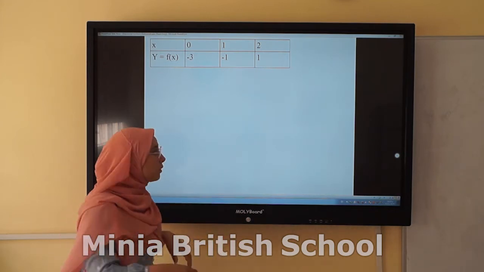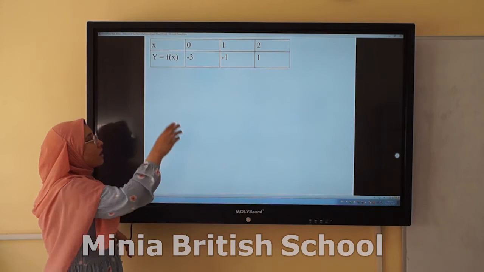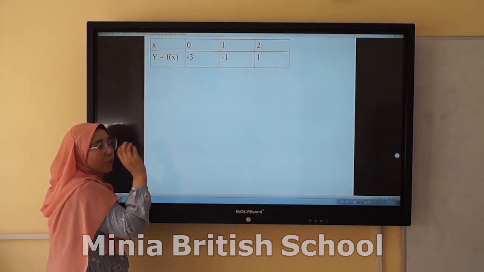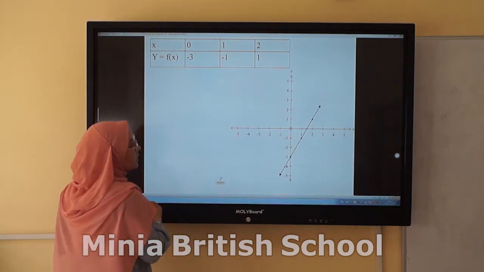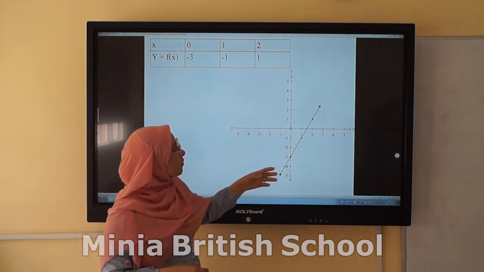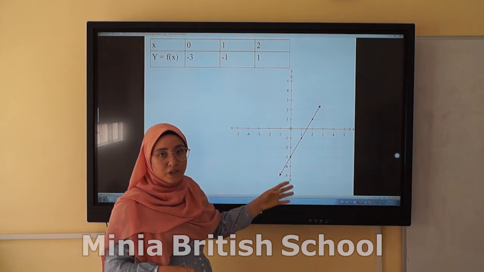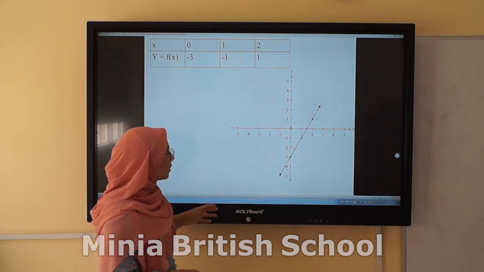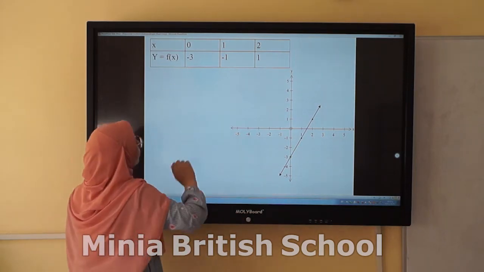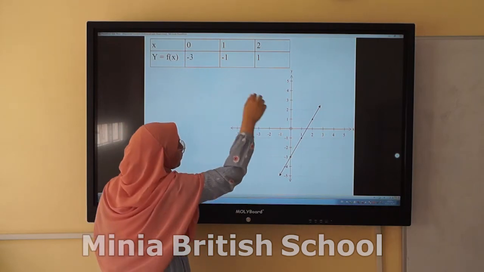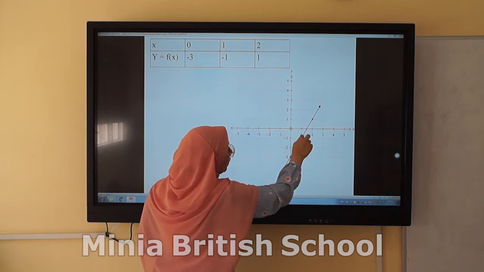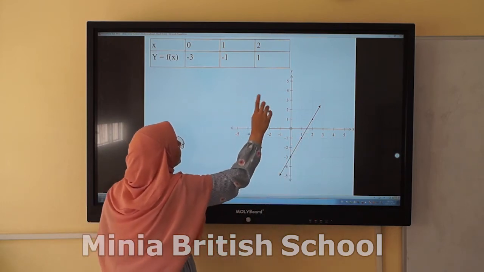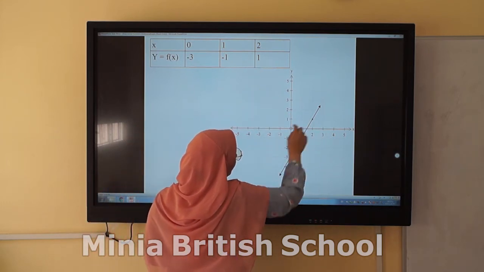Now, we can plot the three ordered pairs on the square net like this: (0, -3), (1, -1), and (2, 1).